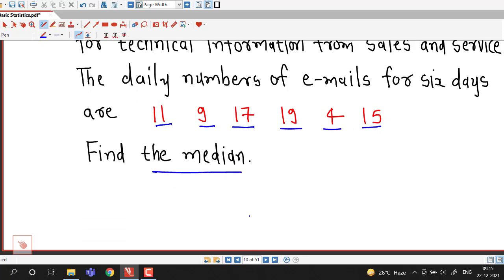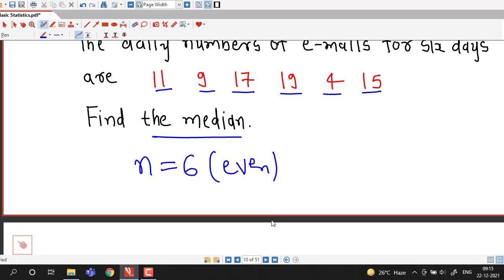Find the median. So here number of observations are 1, 2, 3, 4, 5 and 6. So number of observations are even.